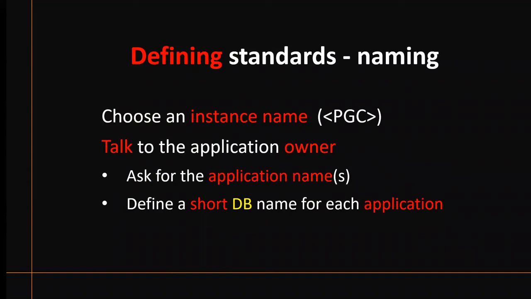As far as instance names go, in this slide you see PGC for Postgres cluster. Those we decide, but the database names we usually leave up to the application owner to create a name that means something for them.